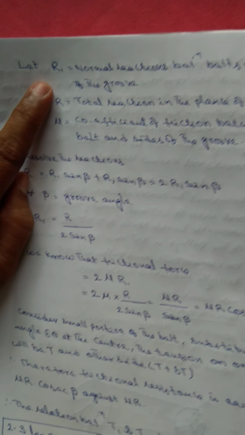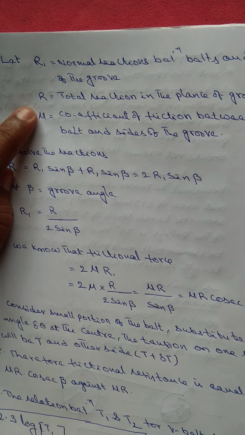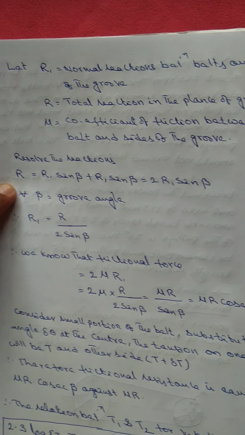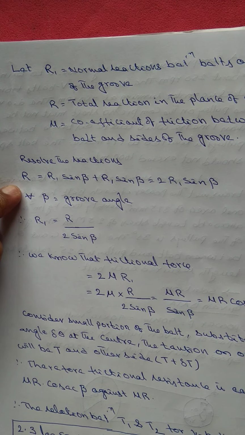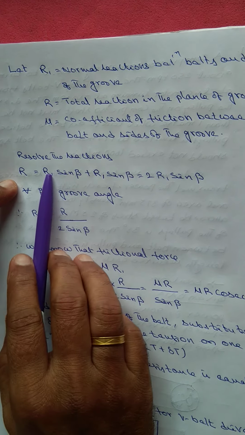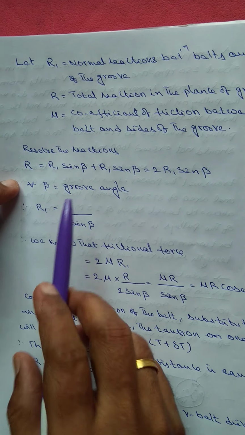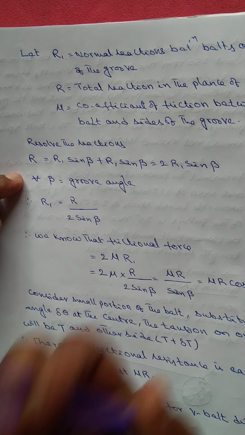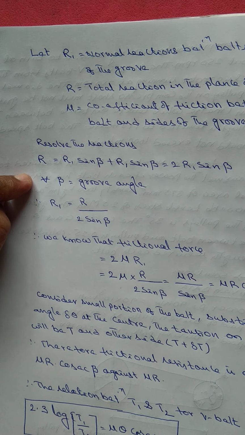Now we find the ratio of driving tensions in a V belt. Let R1 be the normal reaction, R the total reaction, and mu the coefficient of friction. R is equal to R1 sin beta plus R1 sin beta, taking both reactions as the same, that is 2 R1 sin beta, where beta is the groove angle. So R1 is equal to R by 2 sin beta.